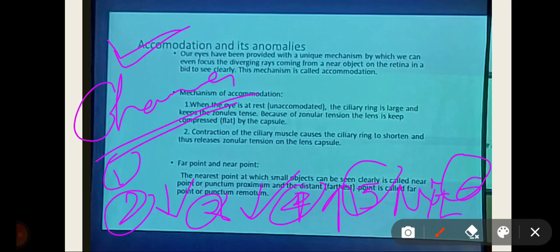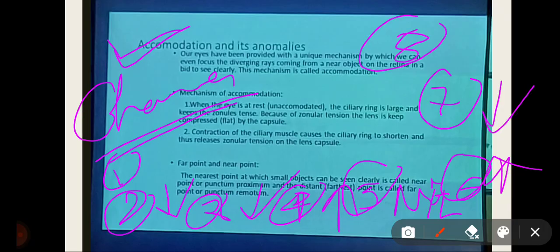The axial diameter of the lens, this thickness, will increase, and the equatorial diameter of the lens will decrease, and the lens dioptric power will increase.